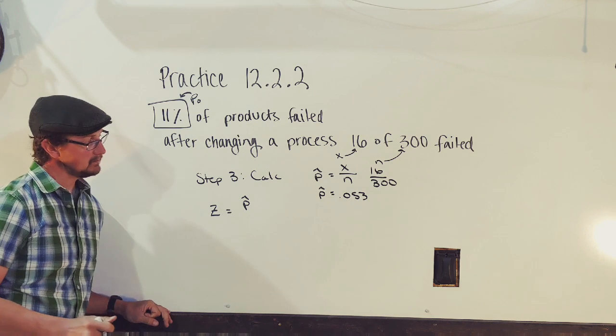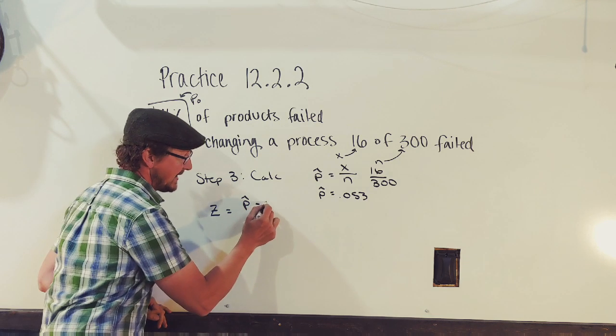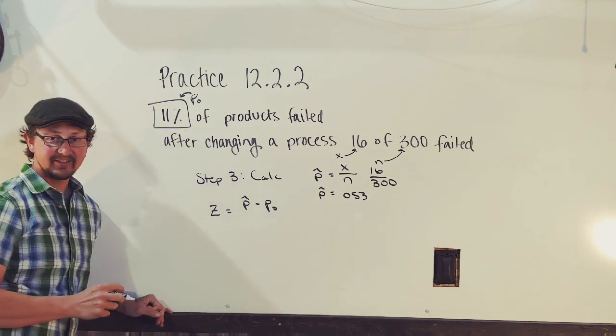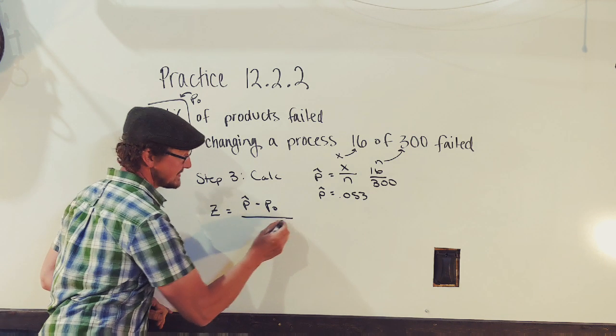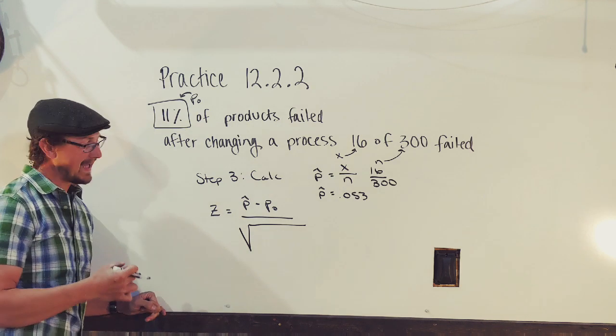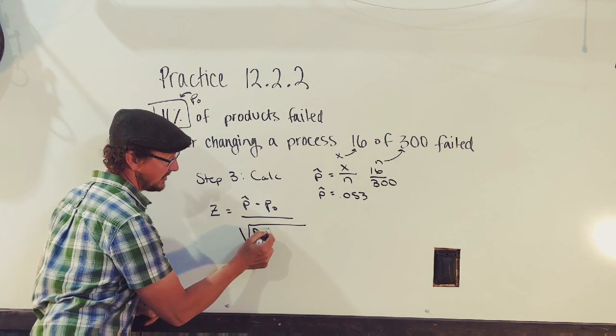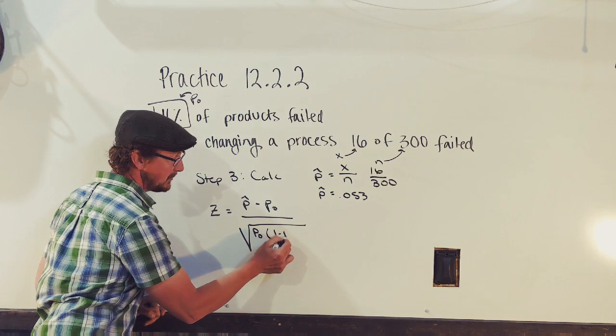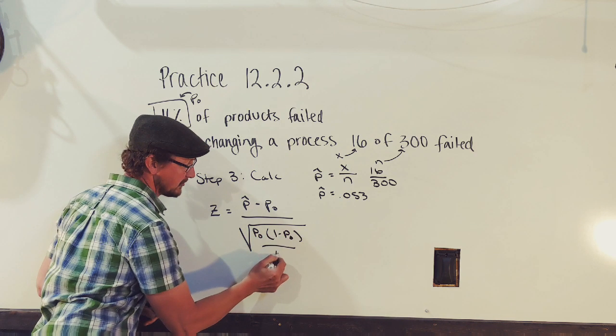So that makes my p hat 0.053, minus my hypothesized proportion, p sub naught, divided by the standard deviation of my estimate. That's my hypothesized proportion times its complement over the sample size.